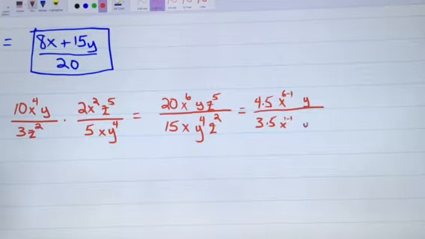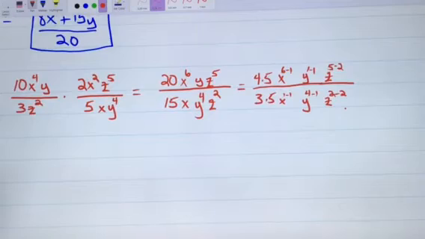Now for y, the higher order factor is in the denominator, so we can take out the lower power. And for z, the higher power rests in the numerator, so we can get rid of the z squared.